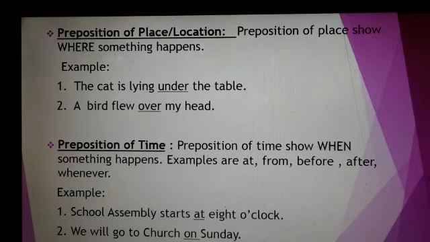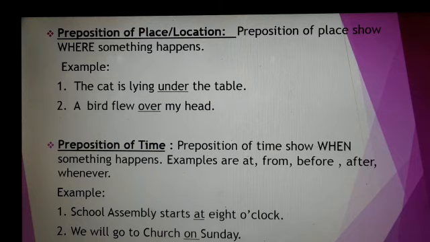Explaining preposition of place or location. This preposition indicates where something is or where someone is or where something happens. For example, the cat is lying under the table.